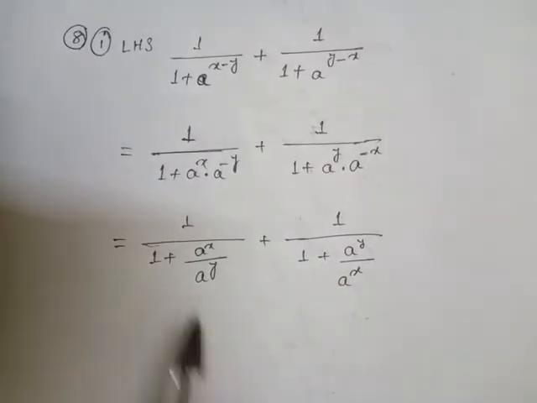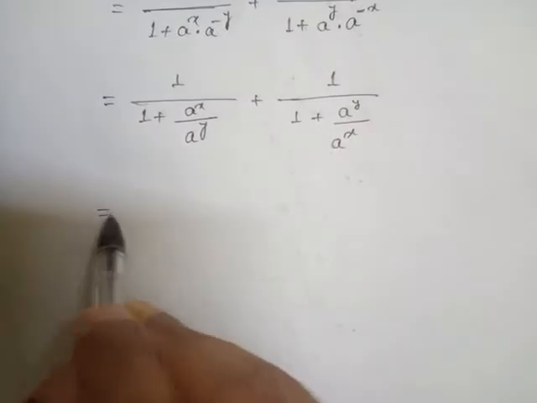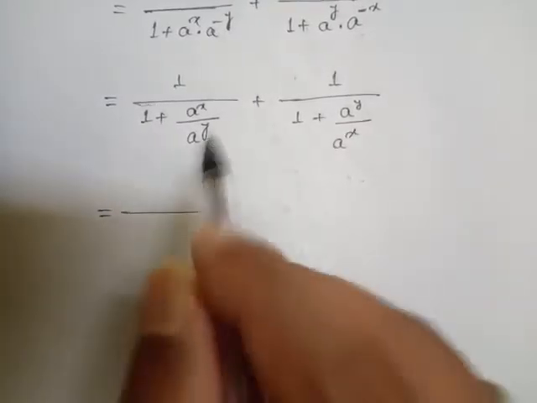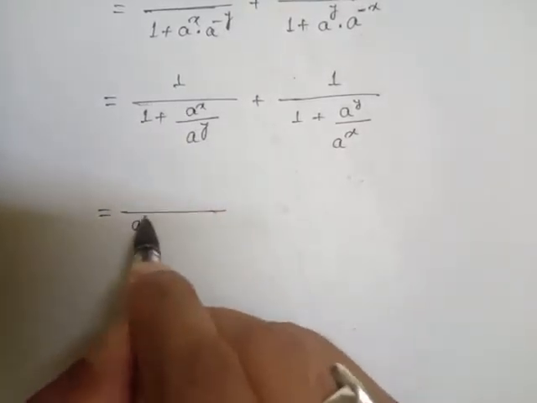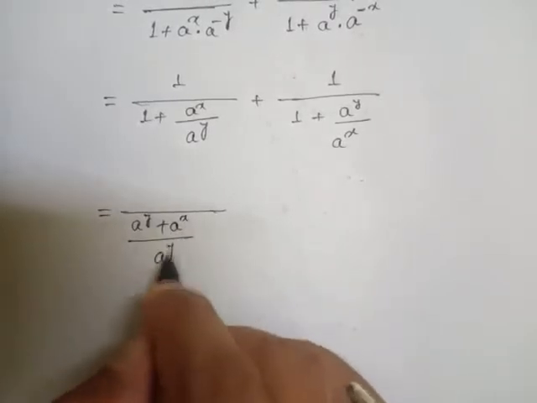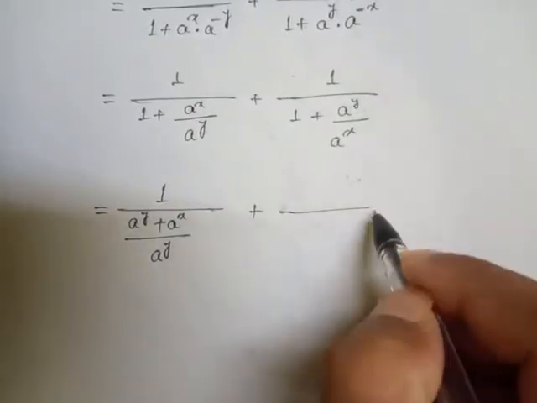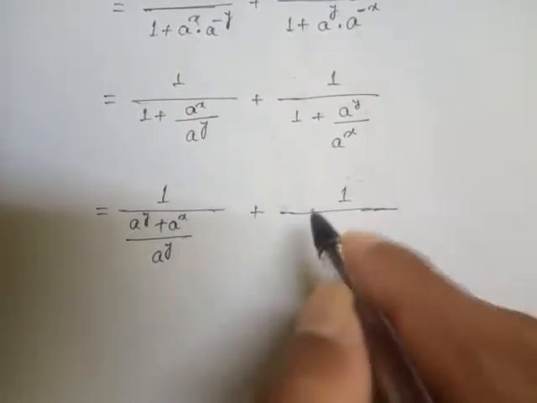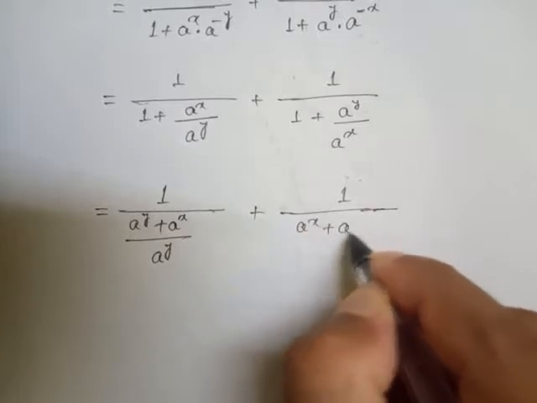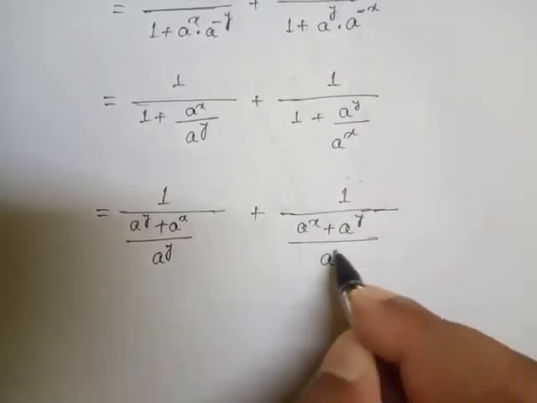Now after that if I go for the LCM here, it will be easy. The LCM gives a to the power y plus a to the power x by a to the power y, and there is 1 by a to the power x plus a to the power y by a to the power x.